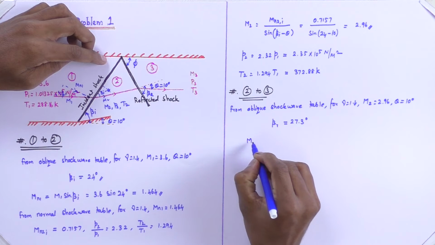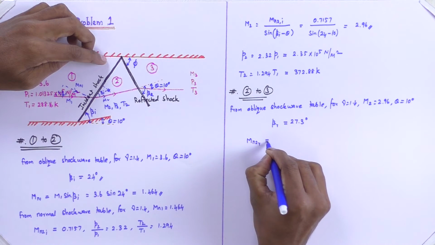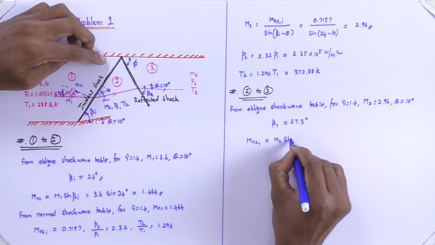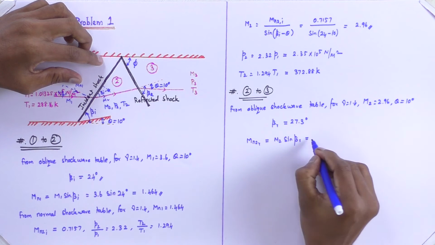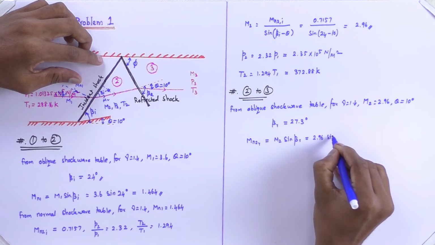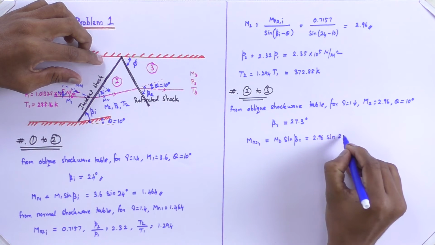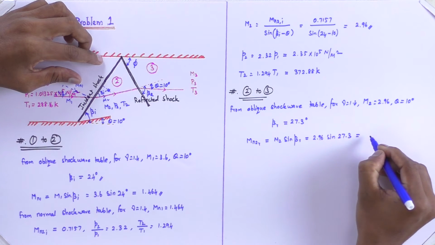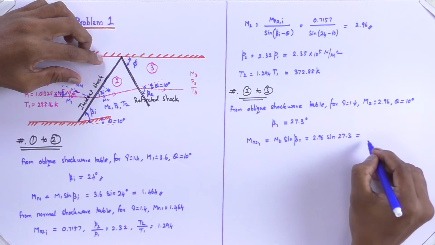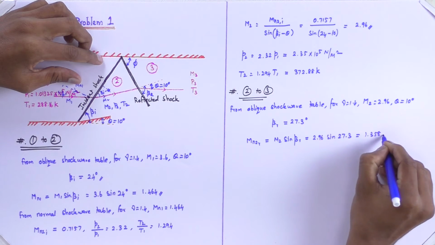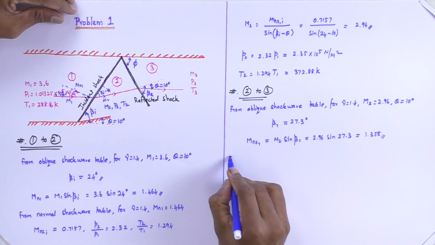From trigonometry, Mn2 of reflected shock is equal to M2 sine beta r. We know the value of M2, that is 2.96, sine of beta r, which from the oblique shock wave table we referred as 27.3. So this will give us the normal component with respect to the reflected shock as 1.358 Mach number. Then we have to refer to the normal shock wave table.